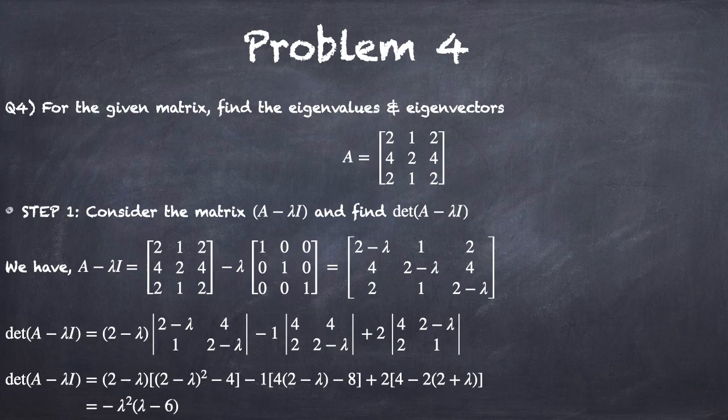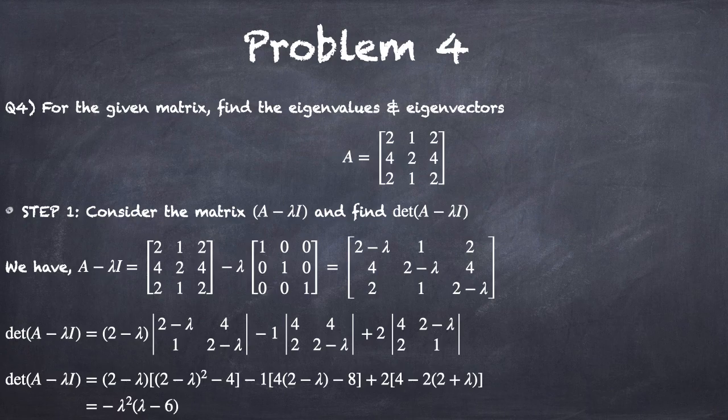So again, as I told you earlier, for A minus lambda I, we just subtract lambda from the diagonal elements and keep the off diagonal elements unchanged, because we are subtracting a matrix which has zeros in the off diagonal entries.